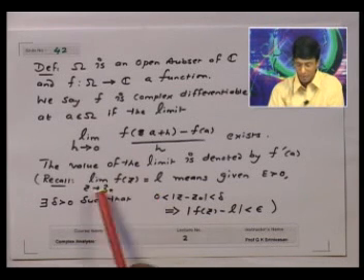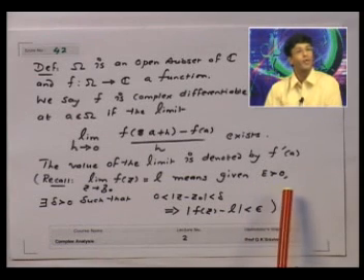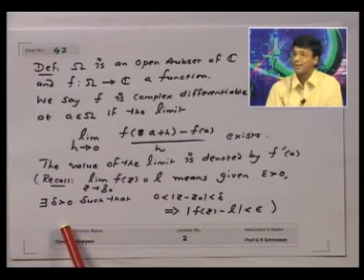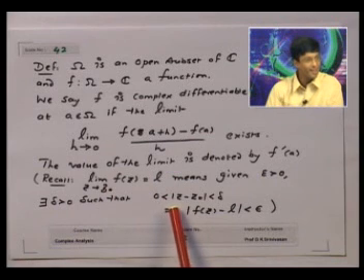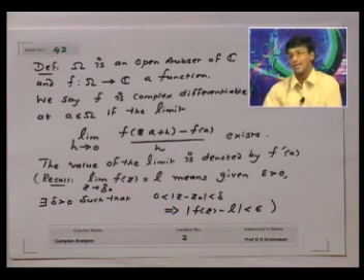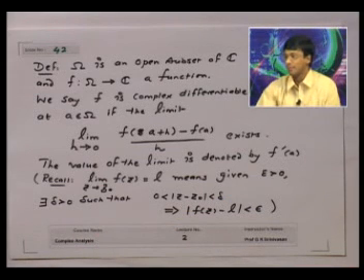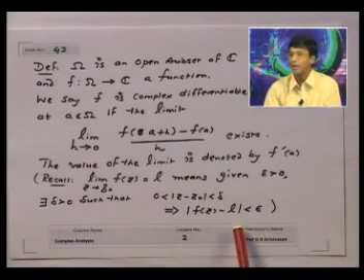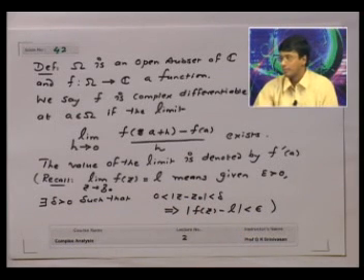What is the meaning of this statement? It means given any epsilon greater than 0, there is a delta greater than 0 such that 0 less than mod z minus z naught less than delta implies mod f of z minus L less than epsilon. This is the usual epsilon delta definition of limit. Same thing carries over. Whatever you have studied in the real analysis simply carries over word for word.